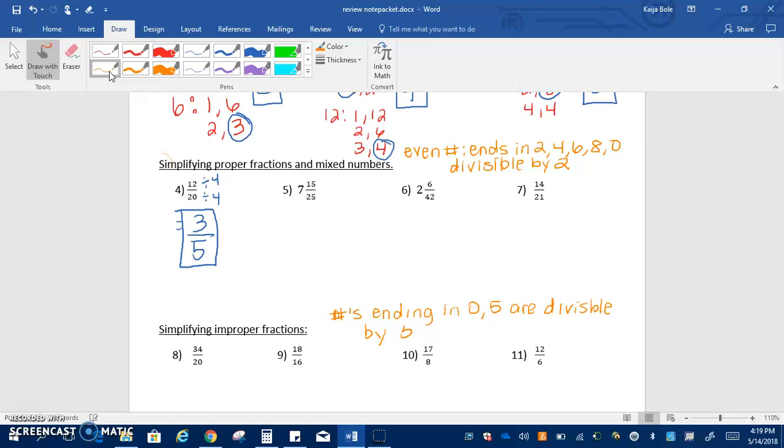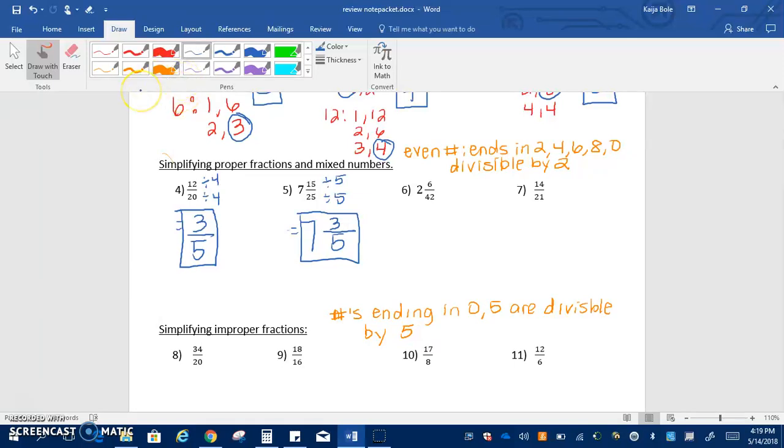So remember that, because here that helps us. We have 15 and 25. We should know right away that those are both divisible by 5 because they end in 5. So our whole number stays the same. So we end up with 7. 15 divided by 5 is 3. 25 divided by 5 is 5. So 7 and 3/5.